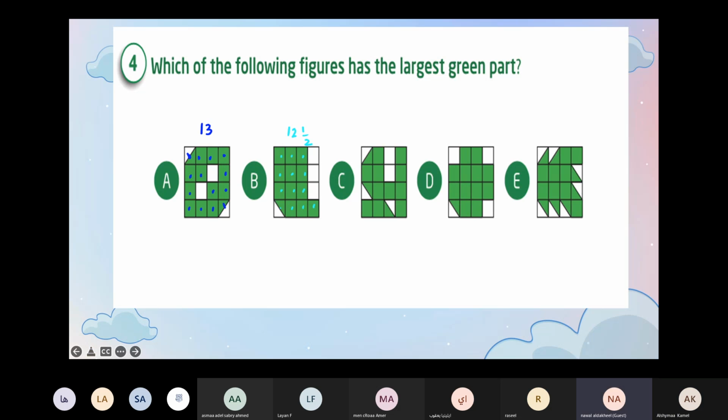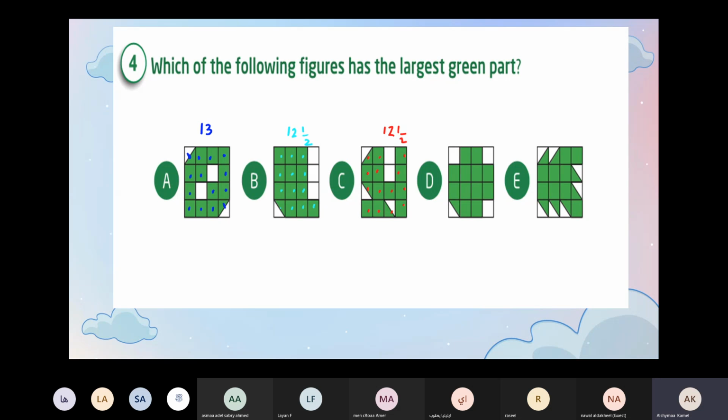Noel, choice C. How many green parts? 1, 2, 3, 4, 5, 6, 7, 8, 9, 10, 11, 12, and here half and half. 12 and a half again.